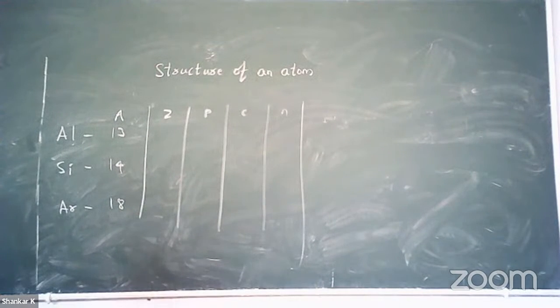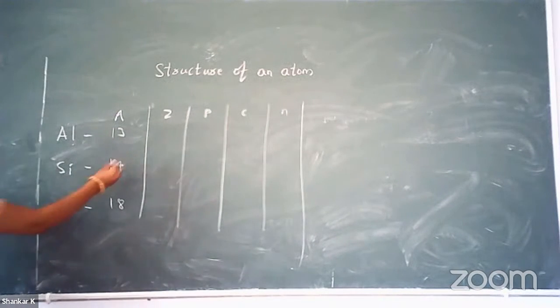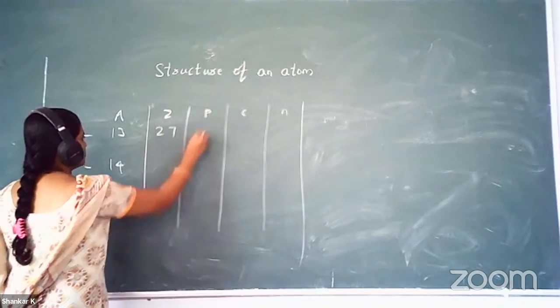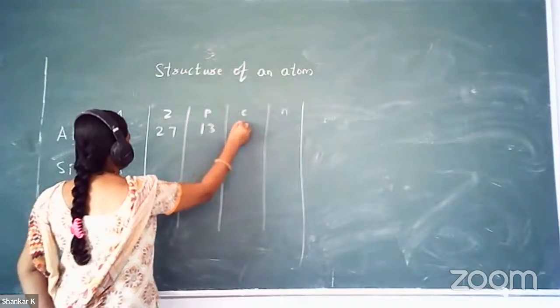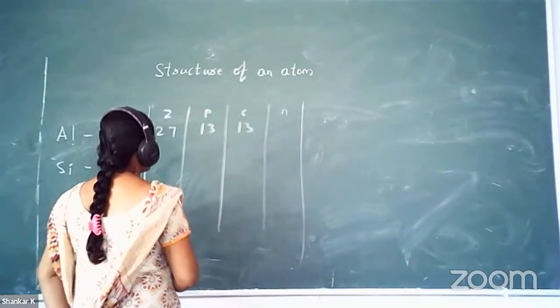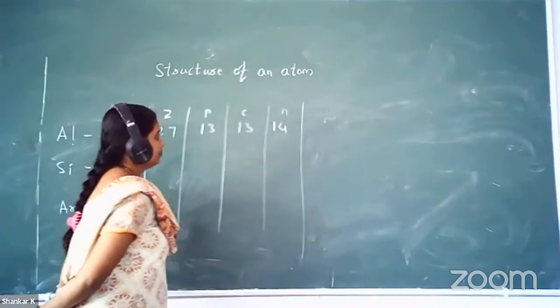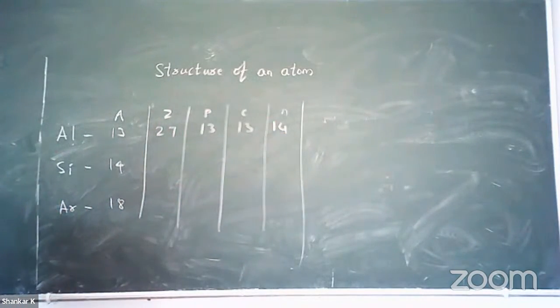Aluminum atomic mass 27. Then how many protons? 13. Electrons? 13. Neutrons? 14. Okay.